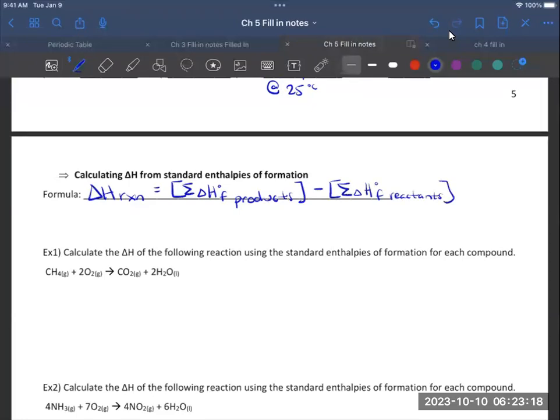Okay, so there you go. Oh, did I forget something? Oh gosh, I forgot something, guys. There should be an N right here.